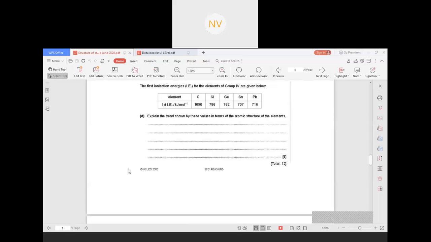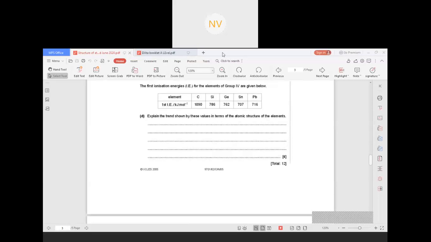Sn, tin, is located at the middle. So we are given the table showing that if you go to the left, it requires less energy to ionize, while going to the right, we require more energy. That's it. I don't know how to explain it anymore, sir.